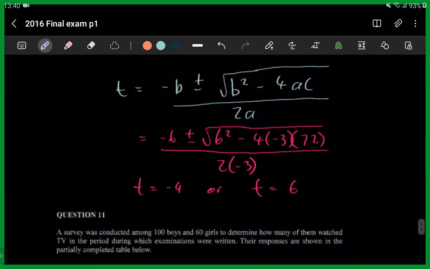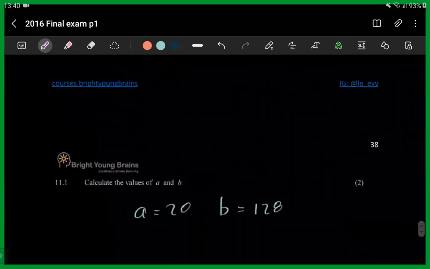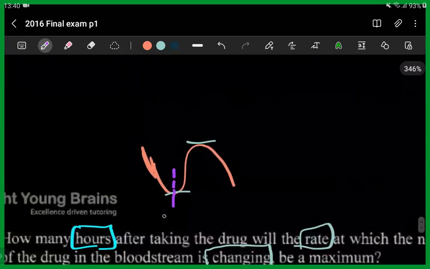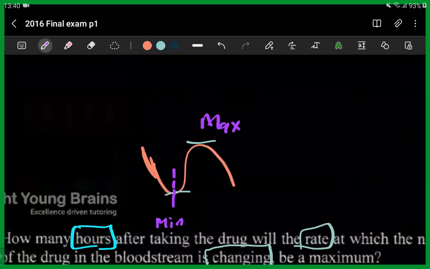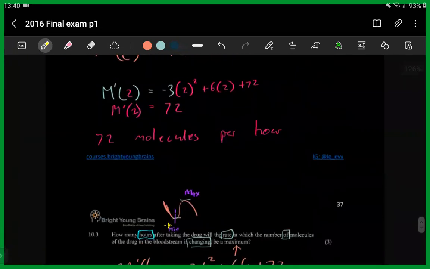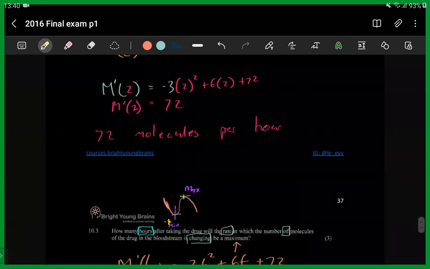As long as you know that, what you already know is that the turning point that comes first is the minimum. The one that comes afterwards is the maximum. So in our case, obviously -4 is going to come first, and then later on you get a +6 somewhere. So the +6 is the one that has the maximum. That's how you choose your answers.